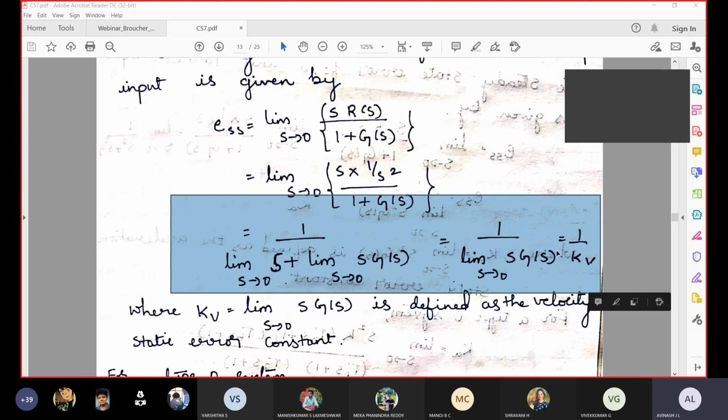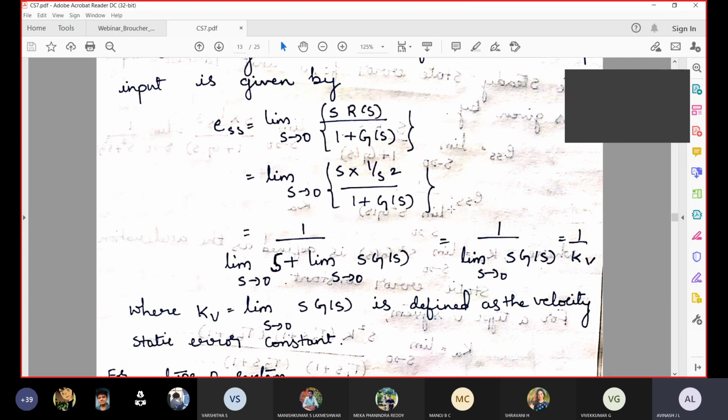That is why limit s tends to 0, s into G of s is called Kv, the velocity static error constant.